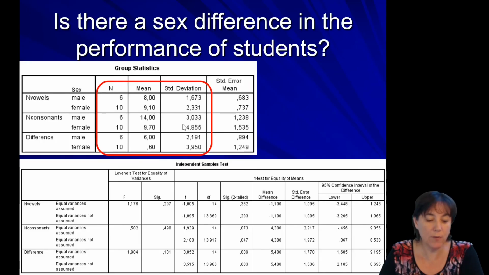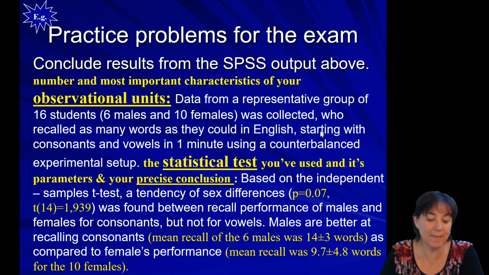Okay, we should look at the means and the standard deviations and also this level of significance. So obviously there's no difference for the vowels. There was a tendential difference for consonants, and the interesting part is for the difference variable. But let's see this in detail, how to conclude these results.